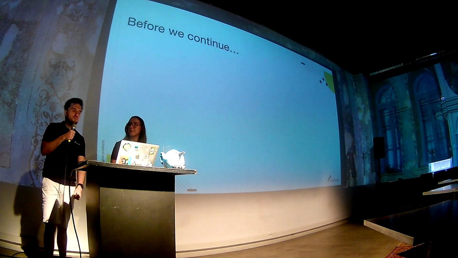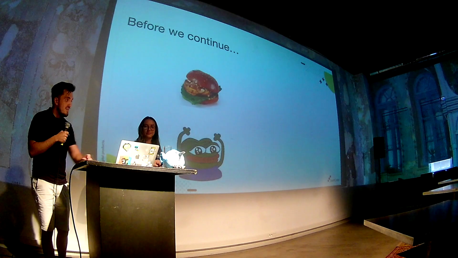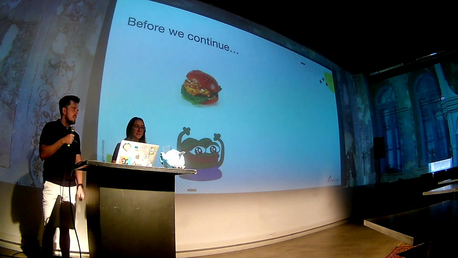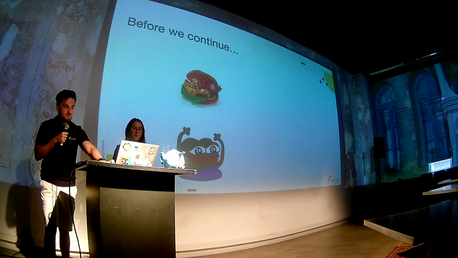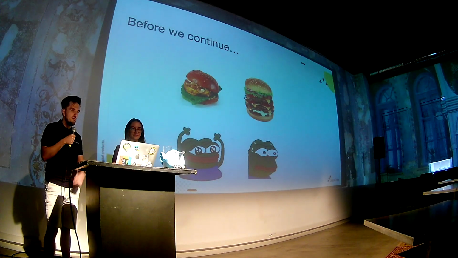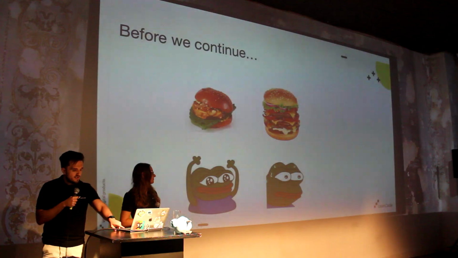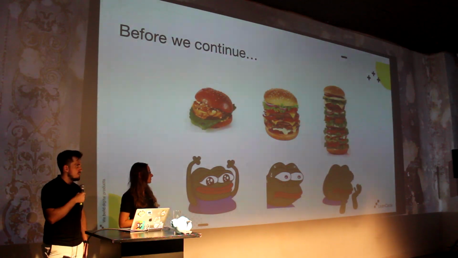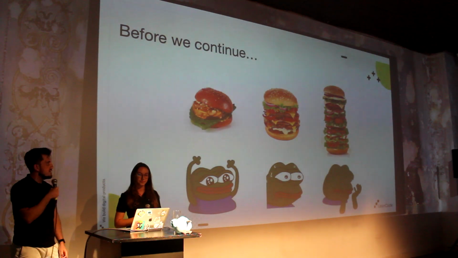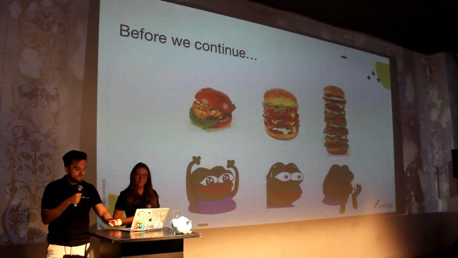So before we continue, we would like to make a little disclaimer here. Eating a hamburger like this is fun, but nothing special. With this burger, you would struggle just to take a bite and probably end up with your shirt covered in sauce and veggies. And honestly, seeing this burger would be pretty intimidating for most of us, and me personally, I would consider giving up at this point.